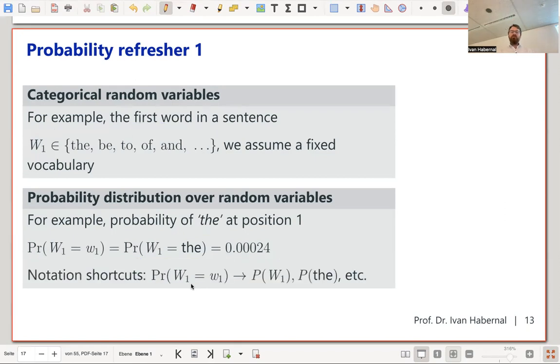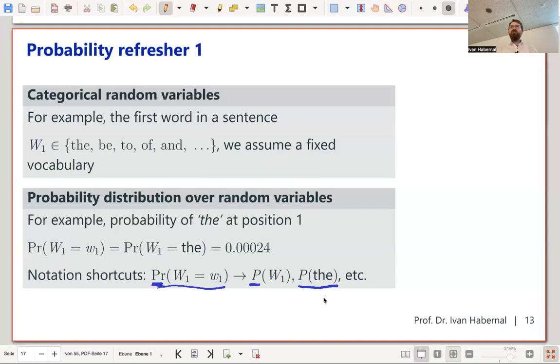We might also be misusing notation here, because this probability function is typically written in several ways. This is one way of writing that the variable is taking a value, but we also use just a capital P instead of Pr, or we write P with the actual value. The notation is really misused quite a lot.